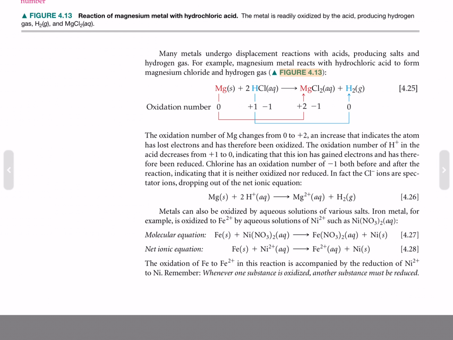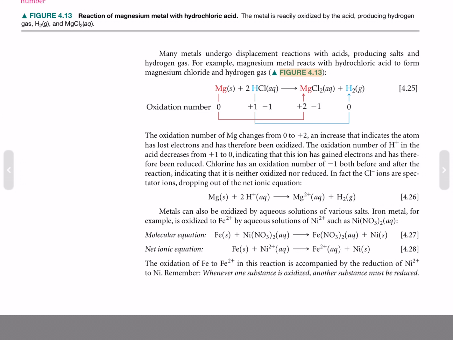Many metals undergo displacement reactions with acids, producing salts and hydrogen gas. For example, magnesium metal reacts with hydrochloric acid to form magnesium chloride and hydrogen gas. Magnesium as a metal has an oxidation number of 0. Hydrogen is +1, chlorine is -1.